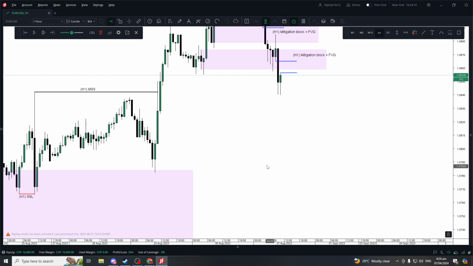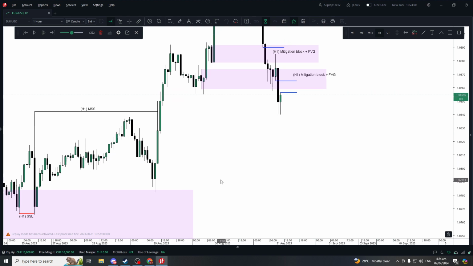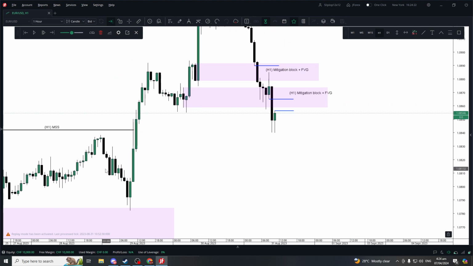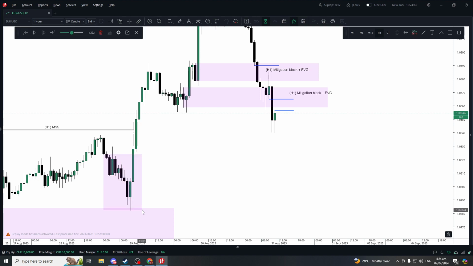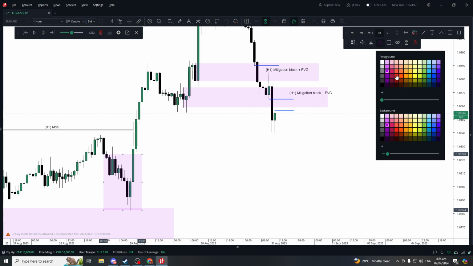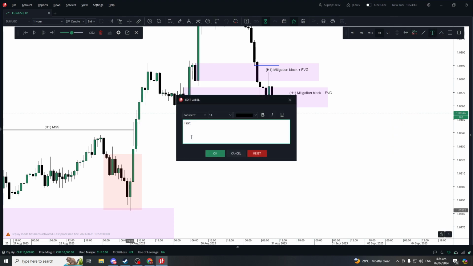Okay. So if you look at it, this kind of looks like the consolidation. This is the primary target for the market maker model.